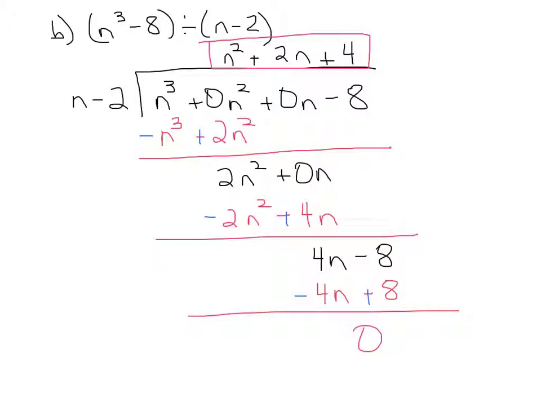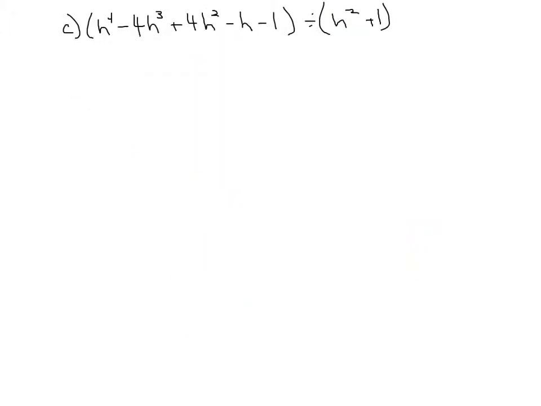Now let's look at an example where the divisor is missing a term. In this problem, we're going to demonstrate how to handle a divisor that's missing a term, and also how to handle when you have a remainder that is not 0. So notice in our dividend we have every term represented, but in our divisor we're missing the h term.